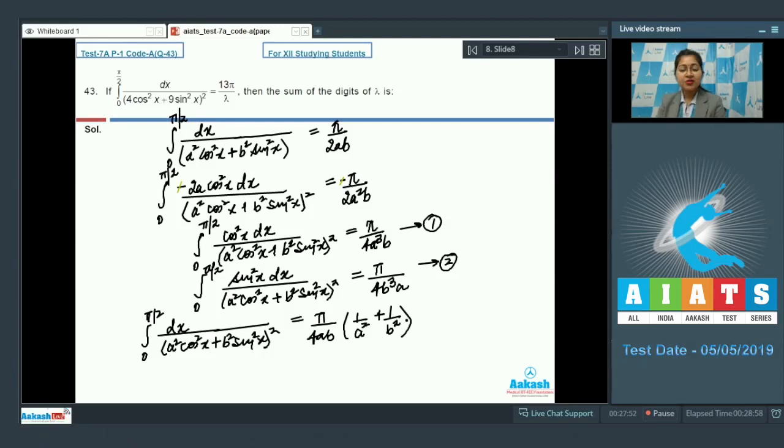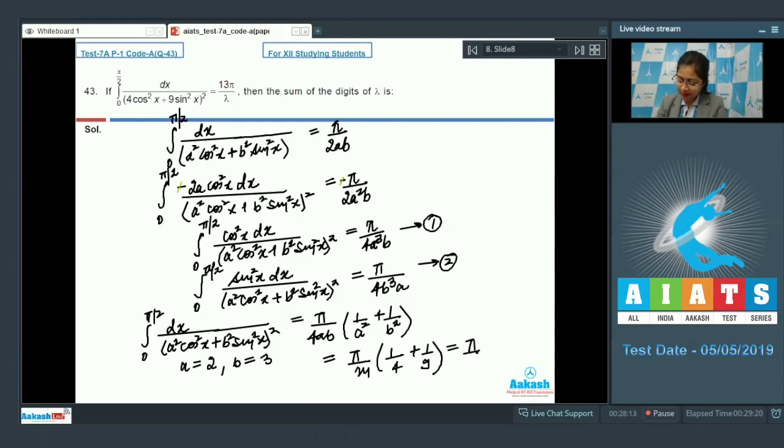Now we have to find the value of the similar thing, where a is equal to 2 and b is equal to 3. So we will get pi divided by 4 times 6, that is 24, multiplied with 1 by 4 plus 1 by 9.